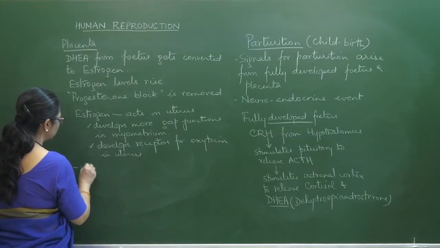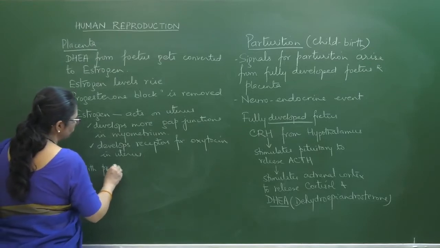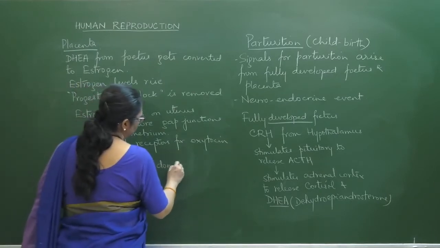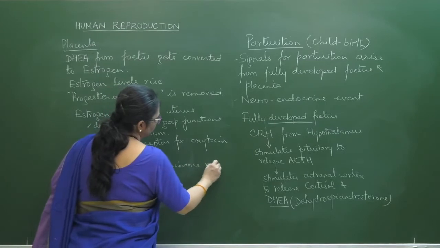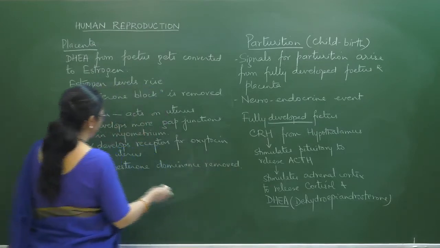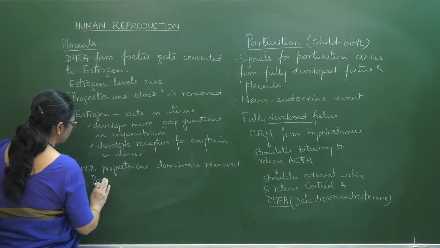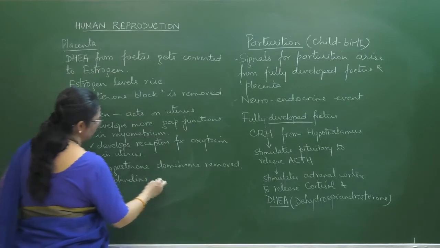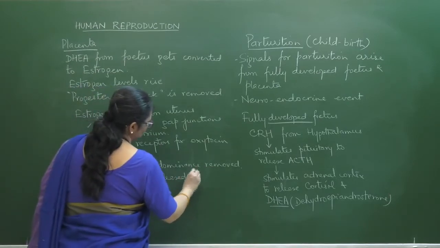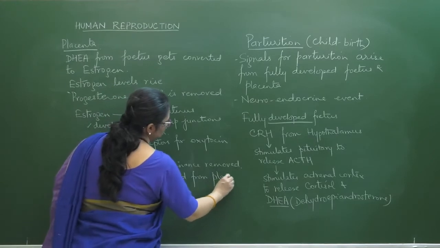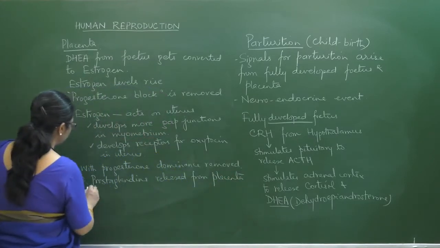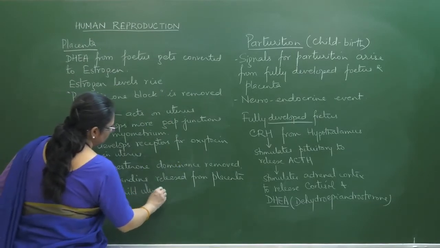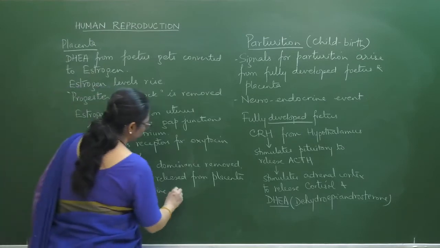So with progesterone dominance removed and prostaglandins released from the placenta, this leads to mild uterine movements, okay.